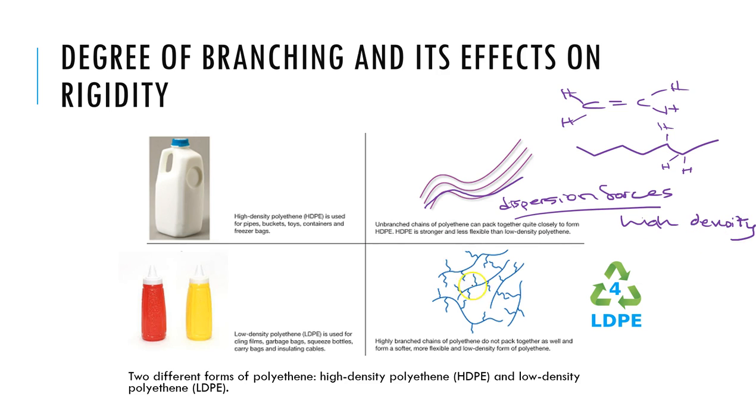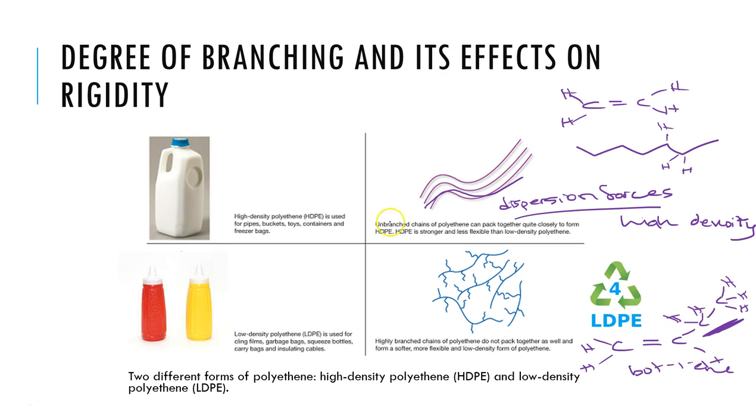If we start to add branches onto our monomer, so say we actually have something like this. What have we got here? We have 1, 2, 3, 4. This 2 carbon here on the but-1-ene will act like a branch.